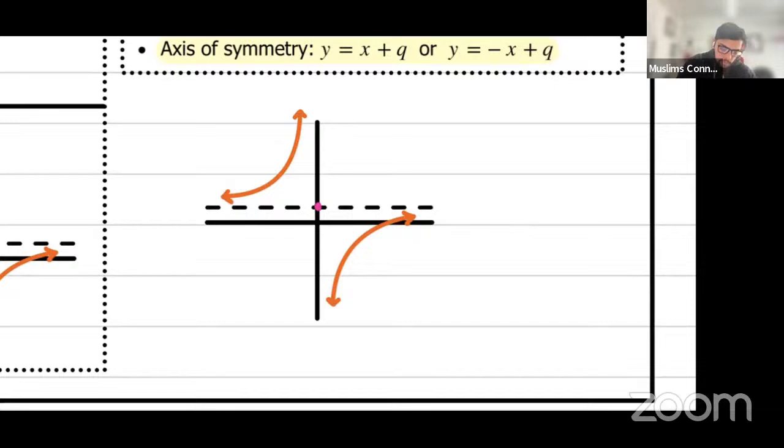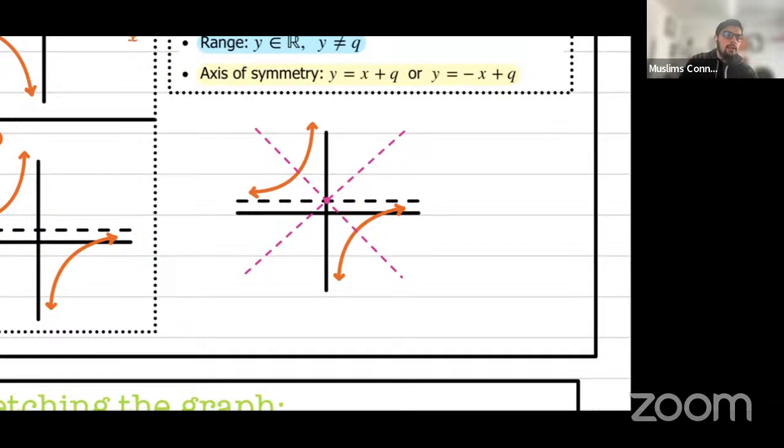Wherever the asymptote meets the y-axis, it looks like this. Both axes of symmetry pass through that point. An axis of symmetry is essentially the same as for a parabola. If we fold it in half on this dotted line, the graphs would touch each other.